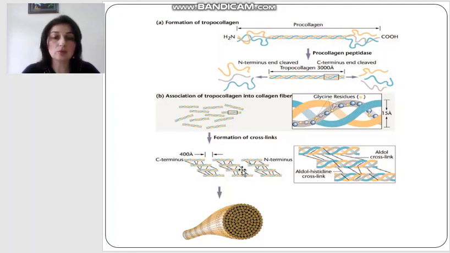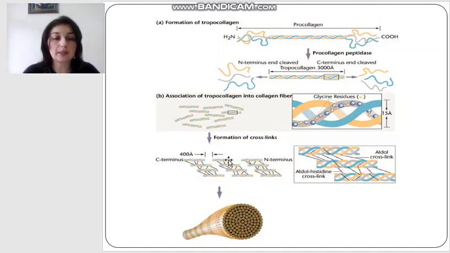When we look, pay attention here, between the head and tail regions of these tropocollagen molecules gaps will remain. These gaps align with each other in neighboring rows. By that way, we will see these alternating regions approximately 67 nanometers in length.